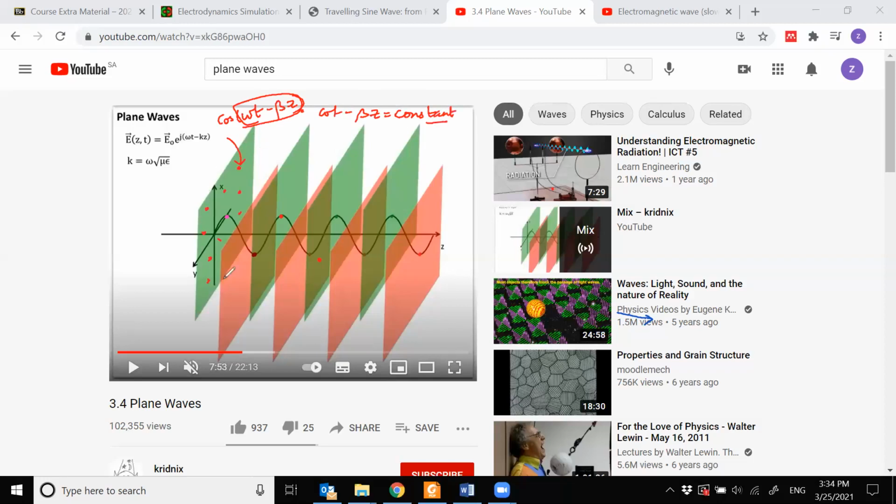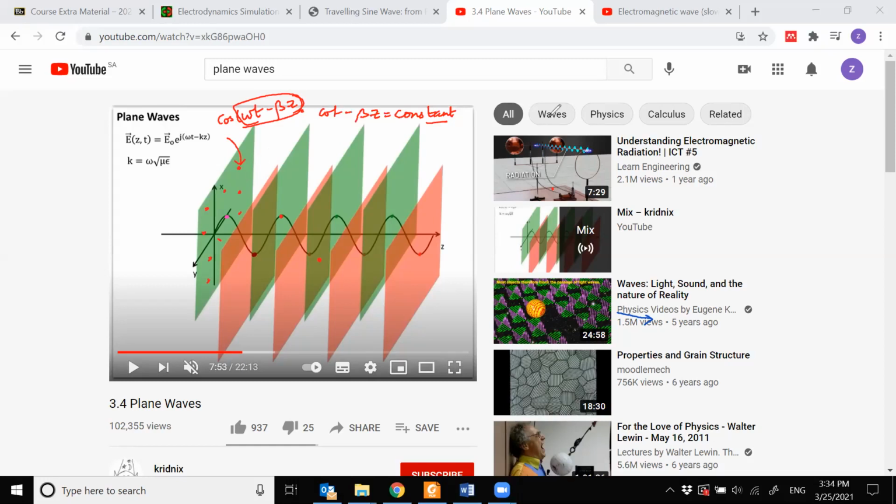And this green plane is that constant phase plane. This red plane is also a constant phase plane. The only thing is, in this green plane, your electric field is, think that it is reaching the maximum positive value, and this is the maximum negative value. And between these also, you will have several planes.